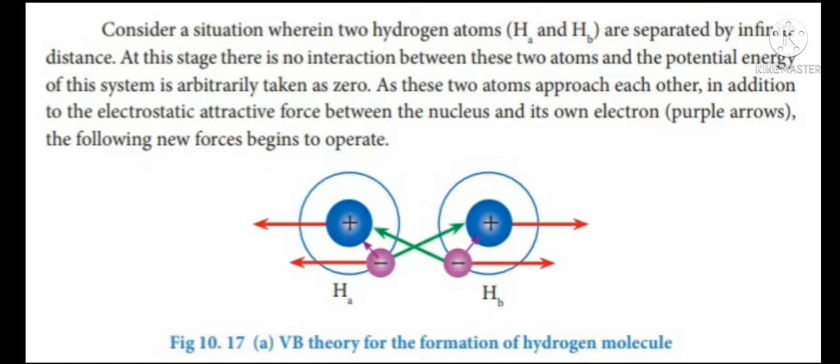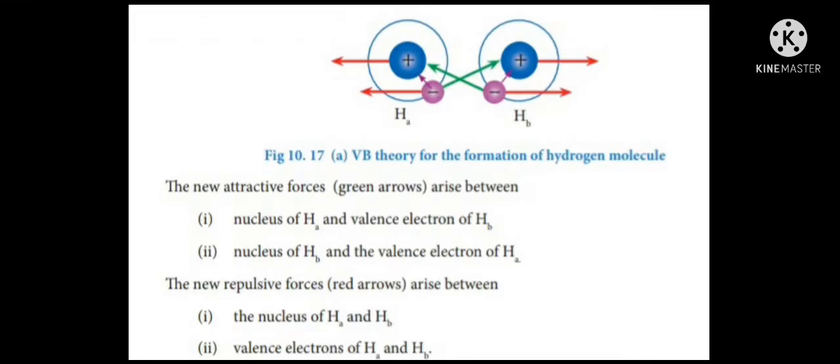Therefore, the potential energy is equal to 0. When these two hydrogen atoms approach each other, there will be two forces acting, namely attractive forces and repulsive forces. It is explained here. Consider the diagram.